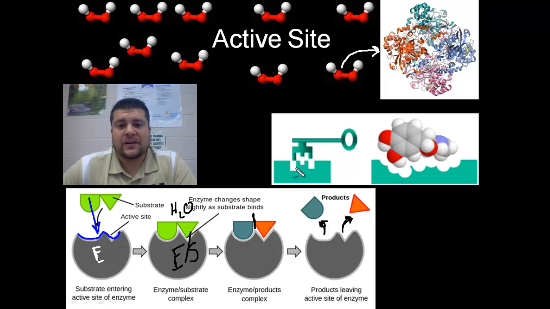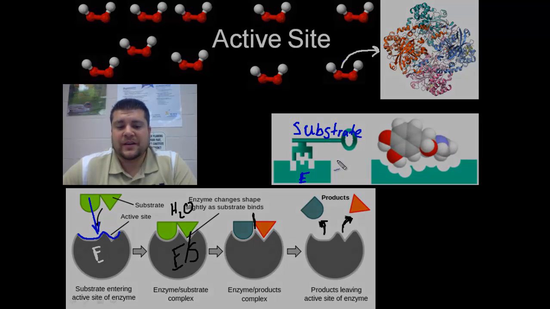It's one for one. So it's kind of like this lock and key, where the substrate is going to be the key, and then here would be the enzyme. And so the substrate being the key would fit into the enzyme. So the lock and key model is kind of what you want to think about.